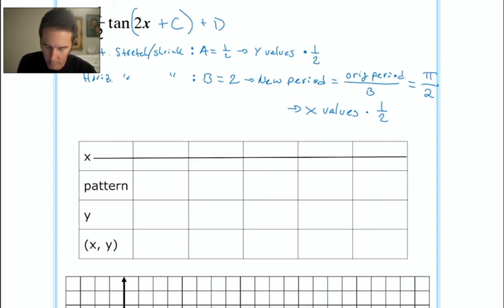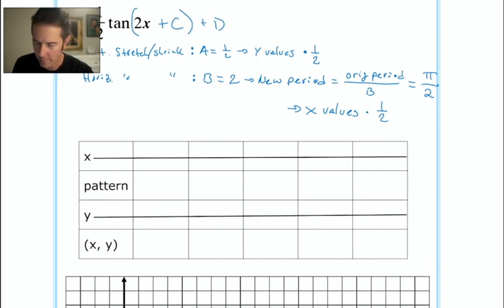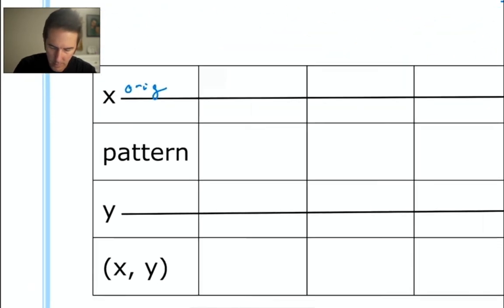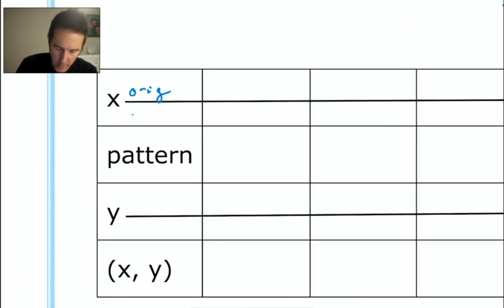Because we want to be able to put our original x values and our new x values, similarly for our y values. Okay, get rid of that line tool. Original and new. For y values, we'll have original and new.